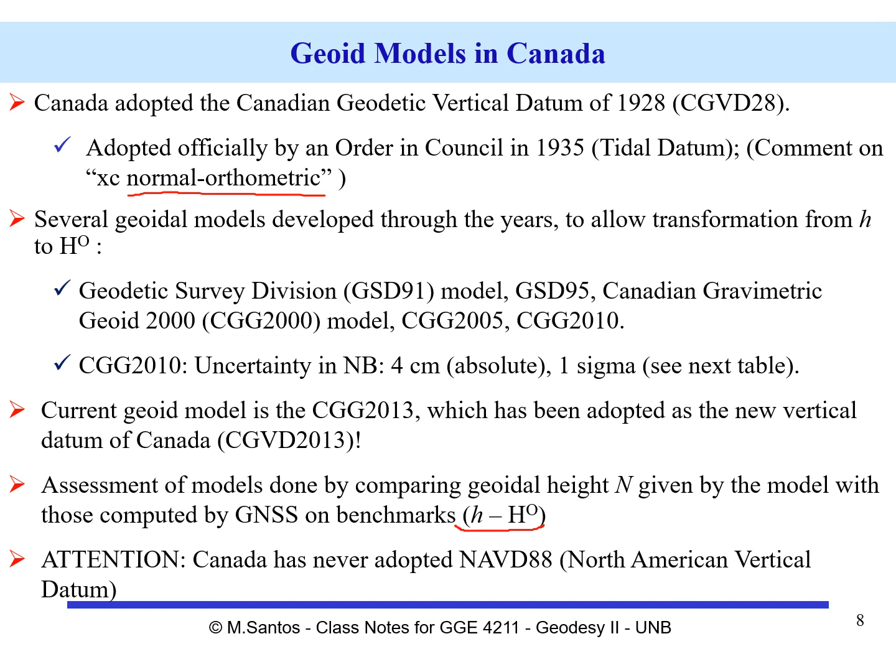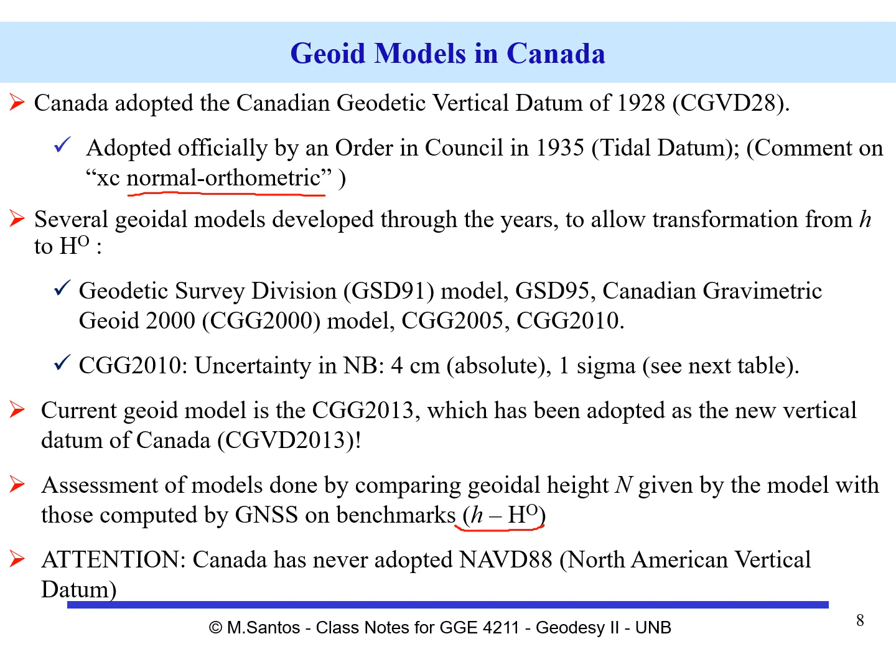Just an important observation: Canada never adopted NAVD88, the North American Vertical Datum, which was actually built to be a continental datum, but it served just for use in the continental US. And by the way, the Americans are working towards adopting a geoidal model also as a vertical datum.